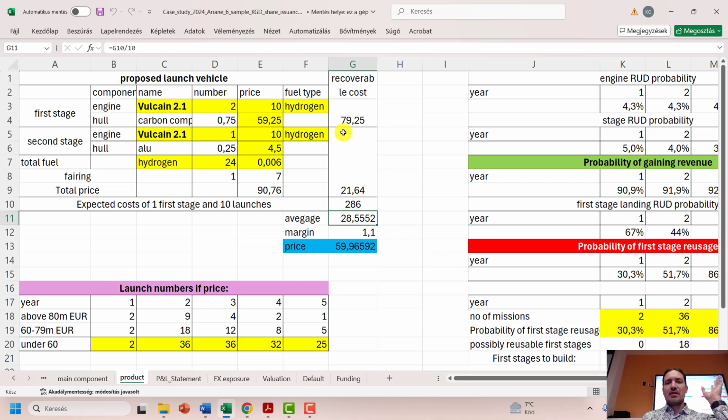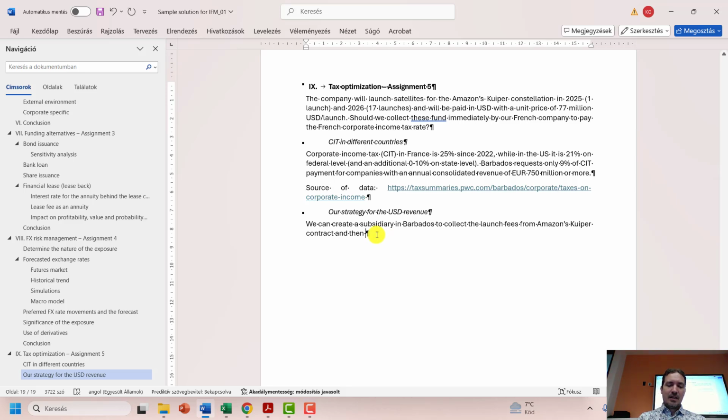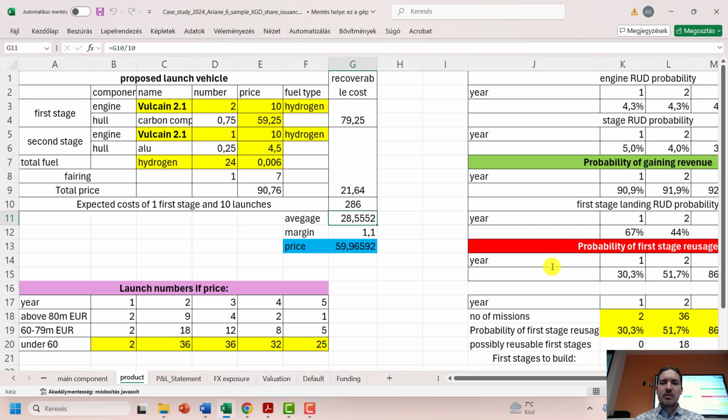If we are expecting that we can reuse the first stage and so on, and we can manufacture them multiple times, this should be the theoretical manufacturing cost of the vehicle. So for me this is this. Let's be generous, let's add an additional $500,000.